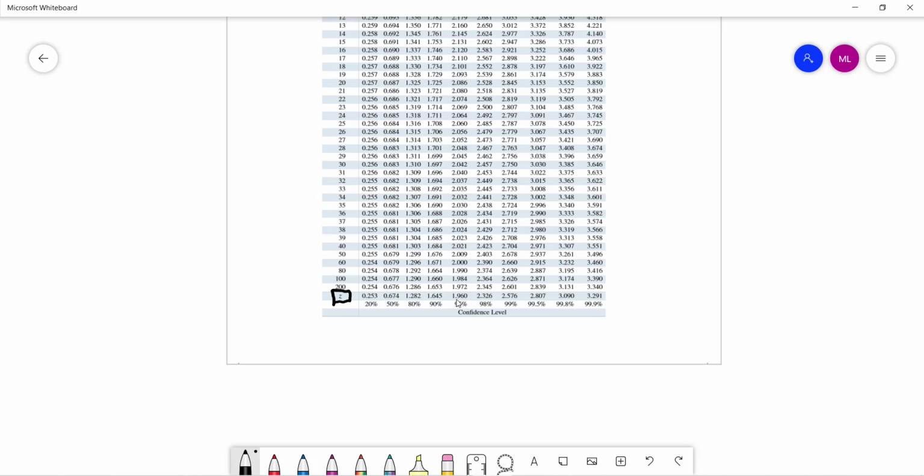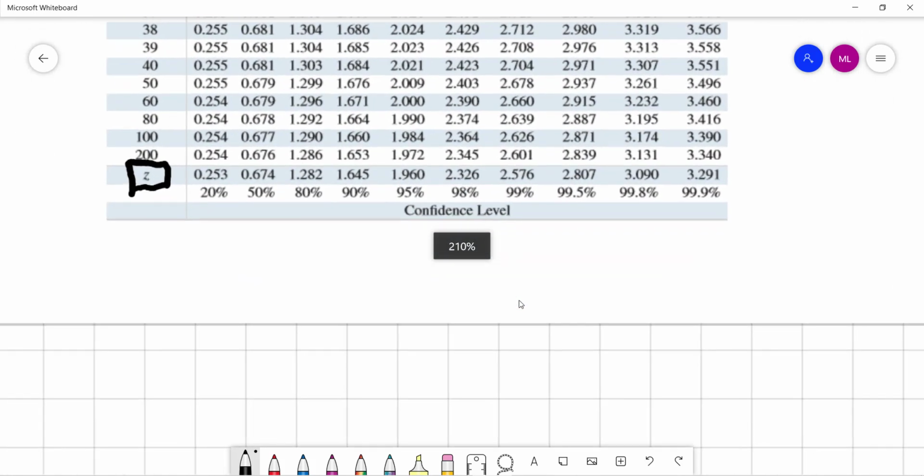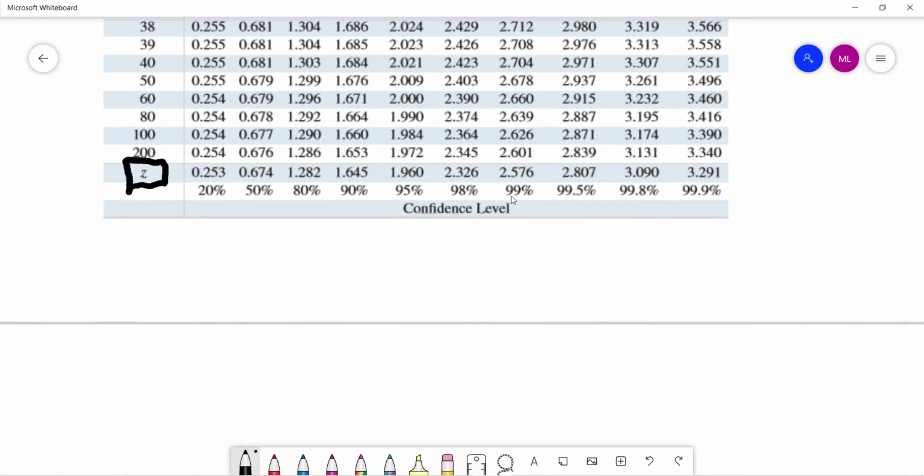If instead they were asking for a 99% confidence level, let me zoom in more so you can see it even better. A 99% confidence level, boom, there's our critical value. This is the z-score that bounds the middle 99% of area, 2.576. If I only wanted a 90% confidence level, here's the critical value, z-score, that I need, 1.645.